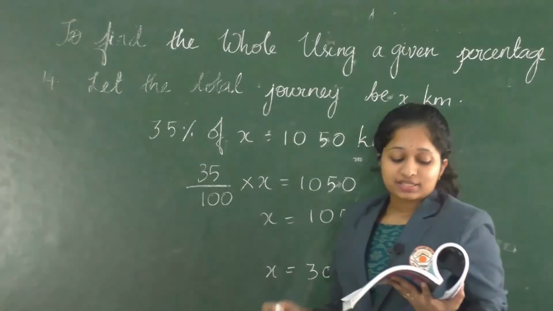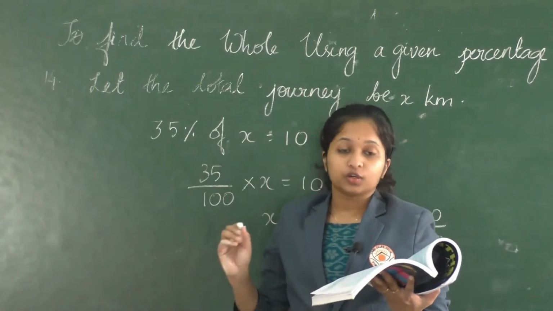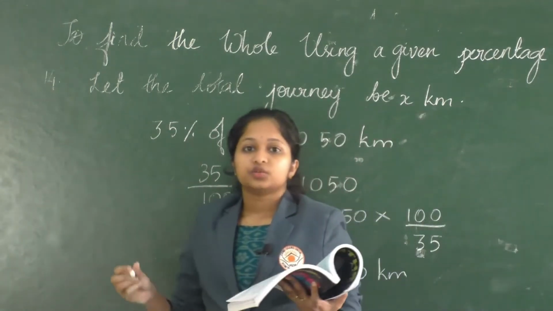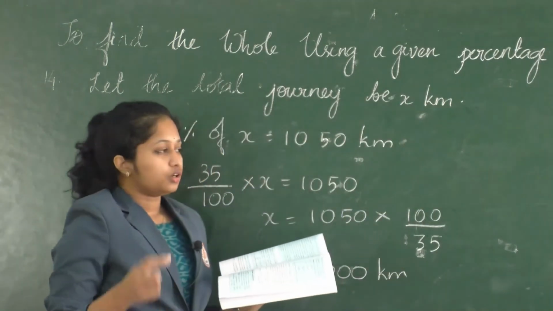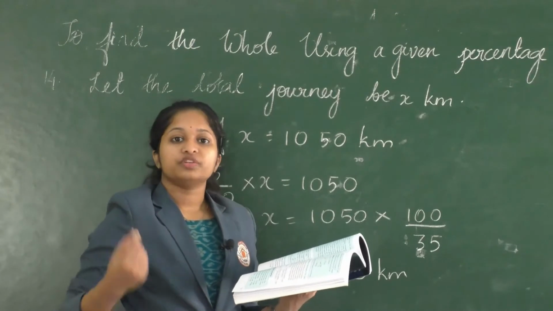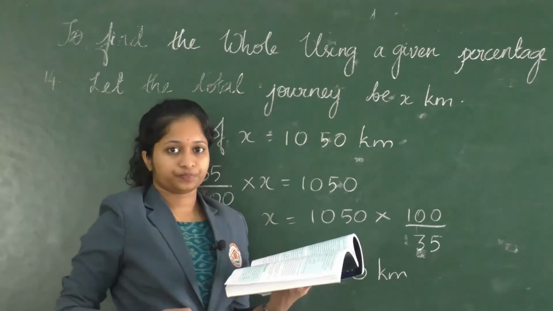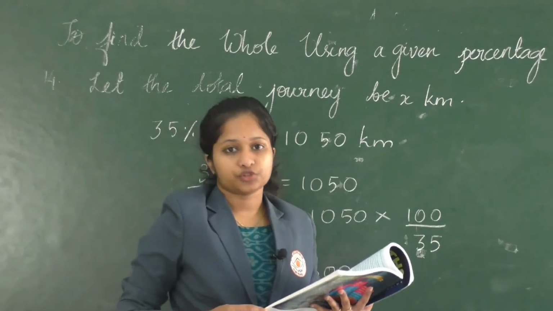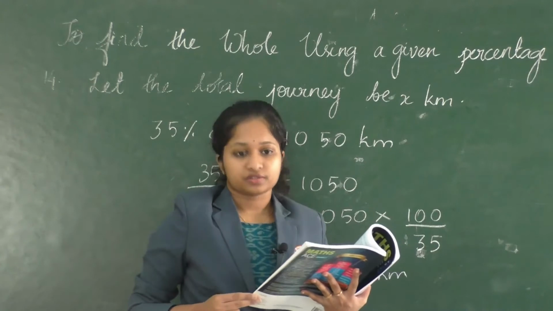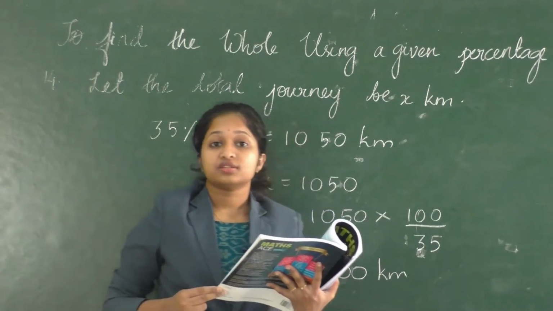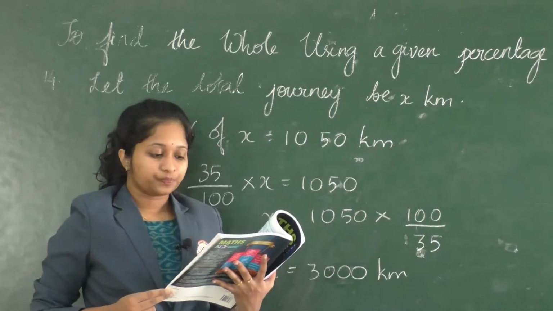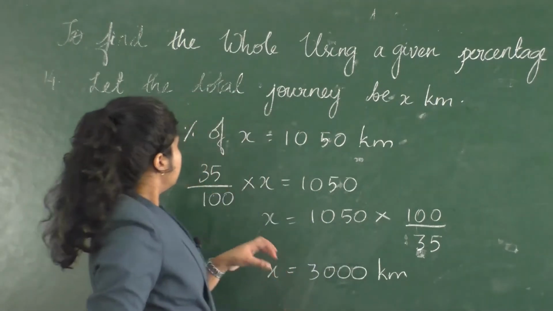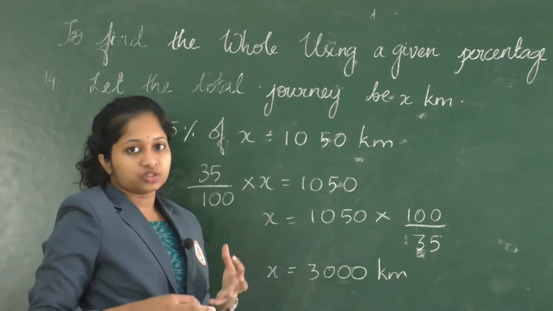So children, let's learn how to find the whole using a given percentage. A percentage of a certain quantity will be given, so we have to find the whole out of it. Here I have a question from example 14. If 35% of a journey is 1050 kilometers, how long is the whole journey? 35% of the journey is given.